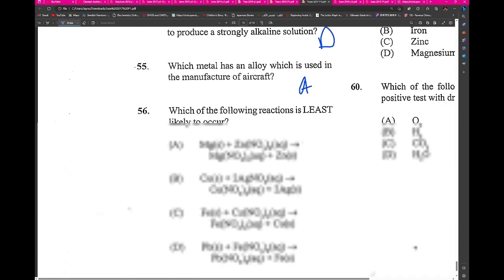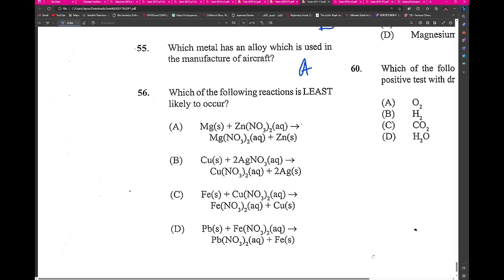Which of the following reactions would be least likely to occur? Now this is when we're going to have to look at the reactivity series, right? So if you remember, please stop calling me a careless saber. Instead, try learning how copper saves gold. I'll be looking at this. So is magnesium more reactive than zinc?